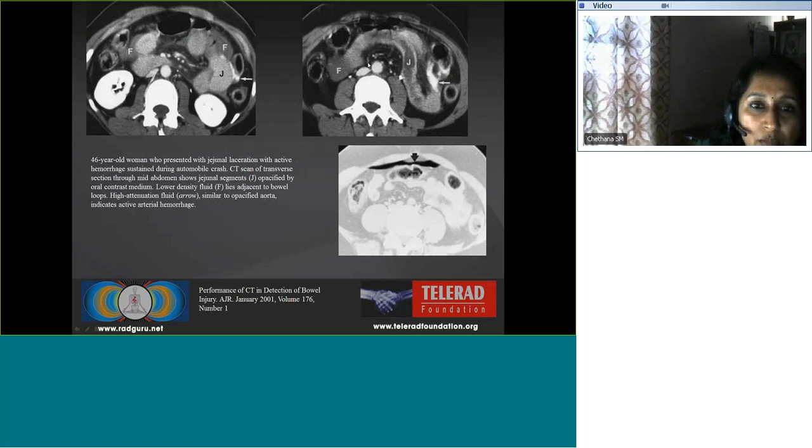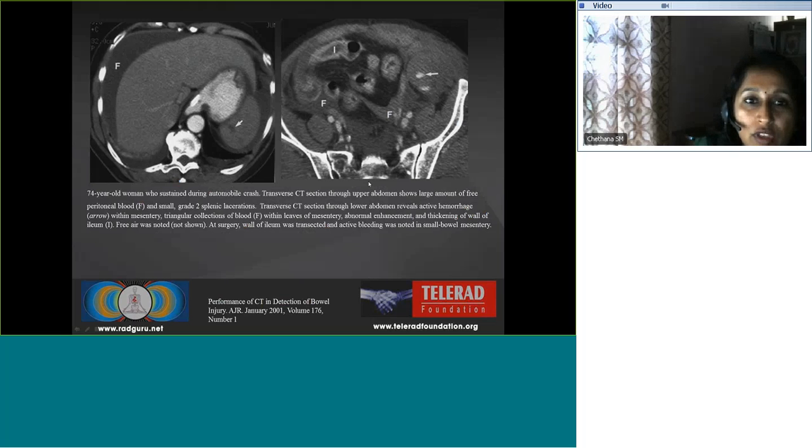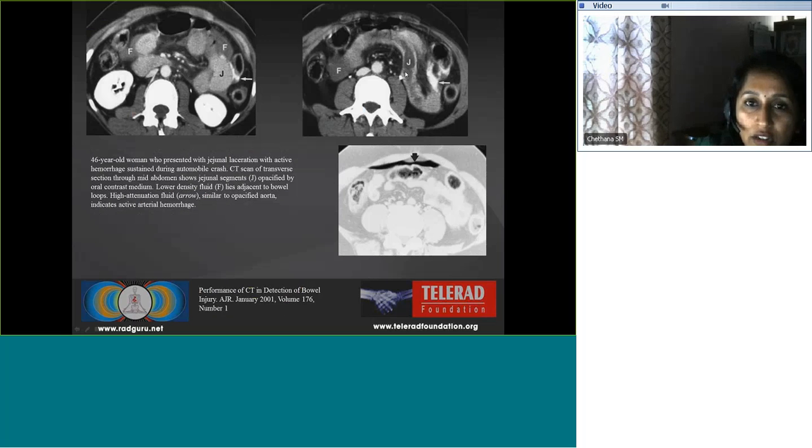The more distal images of the same patient demonstrate more active contrast extravasation and thickening of the jejunal loops, and there's pneumoperitoneum. So, put together, these findings are suggestive of bowel injury, mainly jejunal laceration. Although we are not seeing discontinuity of the jejunal wall here, it is very rare to be seen.